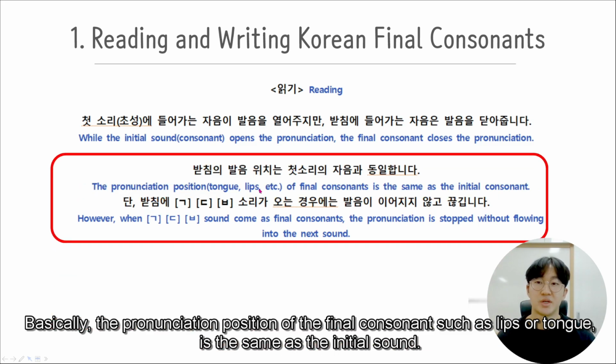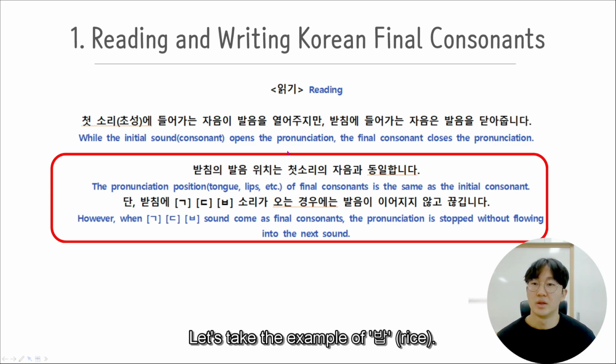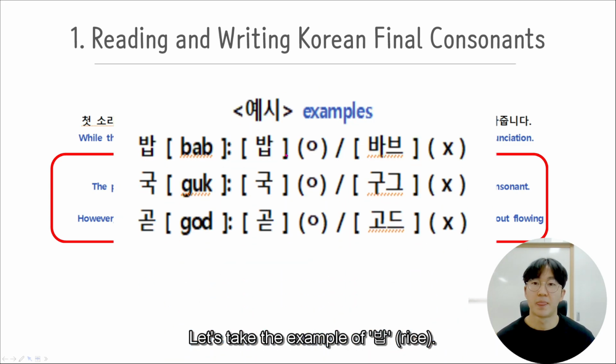Basically, the pronunciation position of the final consonant, such as lips or tongue, is the same as the initial sound. However, when g, d, b sounds come to the final consonant, the way of pronunciation is a little bit different from English. Let's take the example of pop.